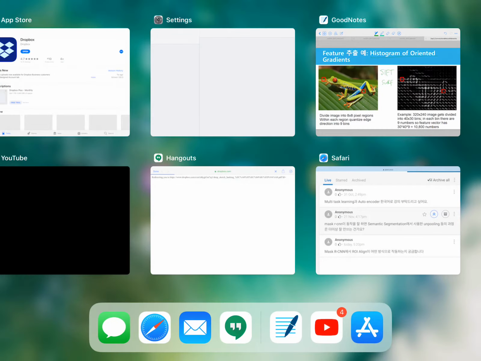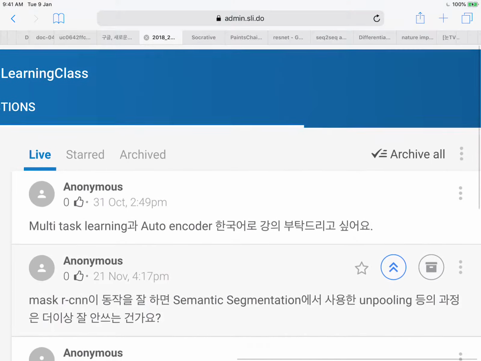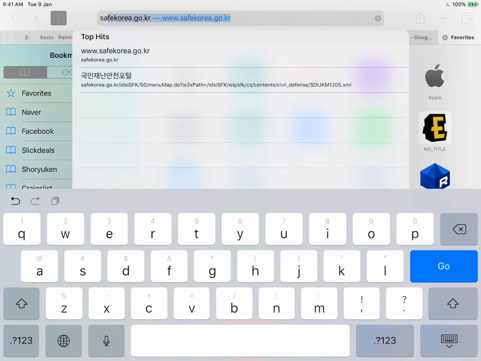Before we utilized deep learning, for example, this SIFT paper was really popular to extract some unique, useful features.